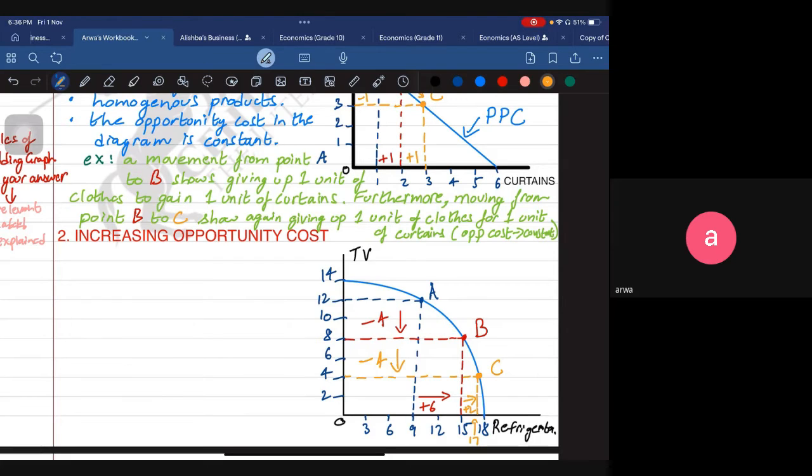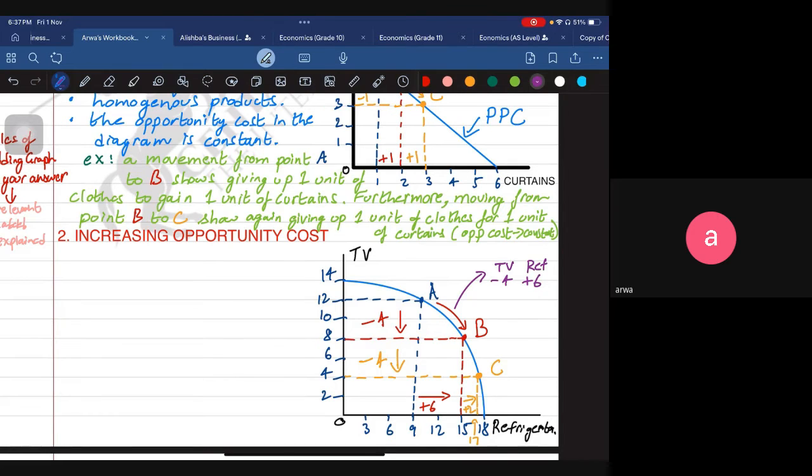So the opportunity cost, if we consider first at this point, from A to B, for TV you are losing -4 to gain for refrigerator +6, right?